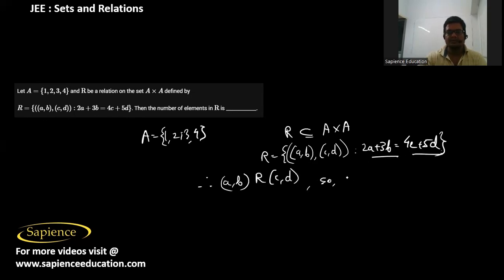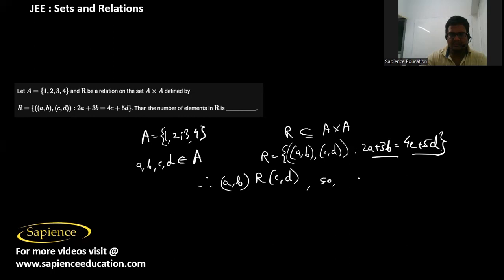So suppose a, b, c, and d should belong to the set A. They should be 1 or 2 or 3 or 4. Okay.